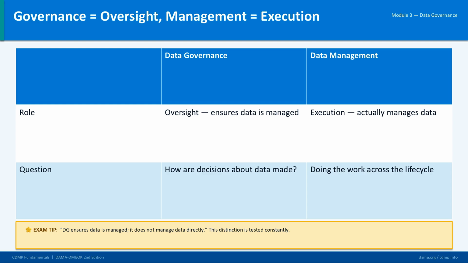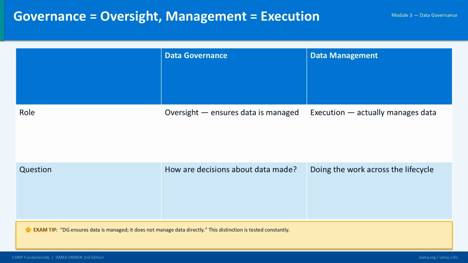This is the distinction the exam tests more than any other in this chapter, so let's nail it. Data governance represents an inherent separation of duty between oversight and execution. The classic analogy is auditing and accounting. An auditor or financial controller sets the rules for how financial assets must be managed, but the auditor doesn't actually do the bookkeeping.